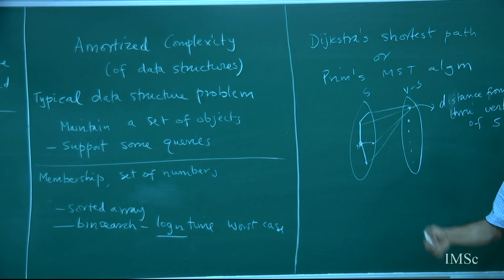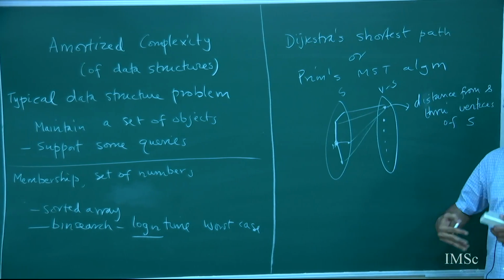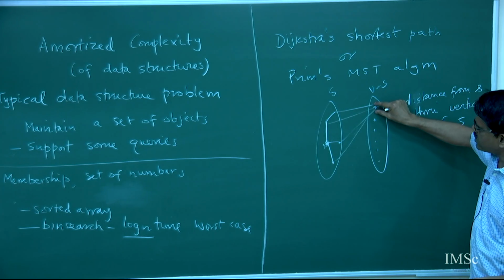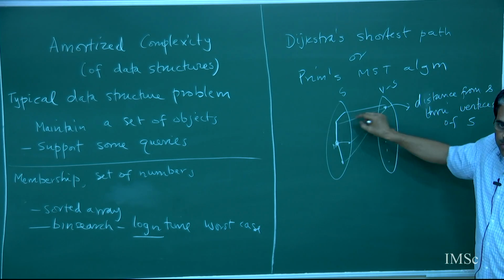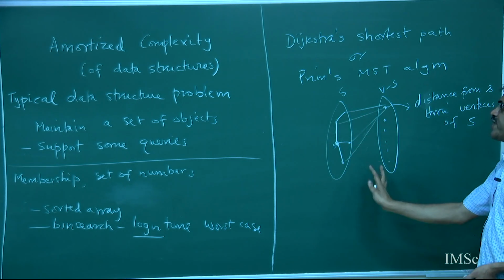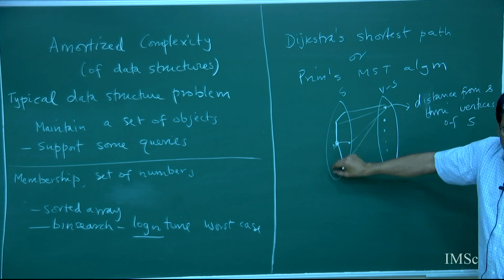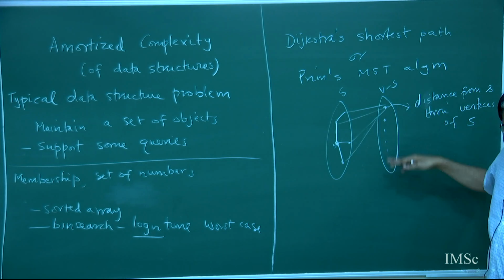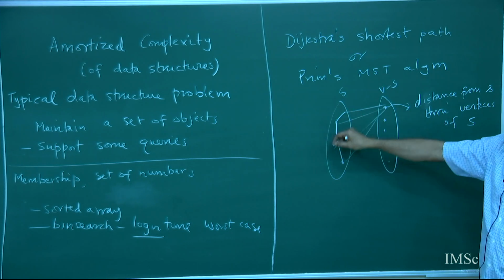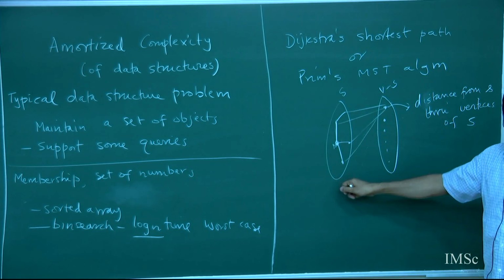And then Prim's algorithm or Dijkstra's algorithm goes like this iteratively. I'll find the smallest among these, delete it, put it inside, and now update these distances because a new vertex has gotten into S. Some distances change, update them, find the smallest among the d values, delete it, put it inside.